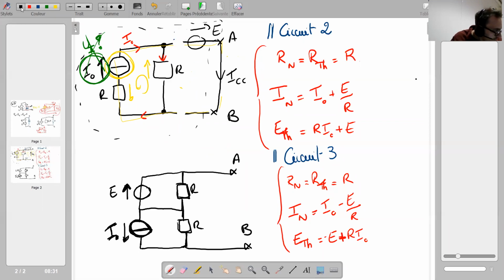Here we go. Back to this, looking for ICC, it means that you have ICC here and ICC there. Then you can deduce, because of the node law, the current flowing here, depending on I0 and ICC. The unknown here is ICC. So what is the current in this direction, depending on I0 and ICC? Waiting for you.